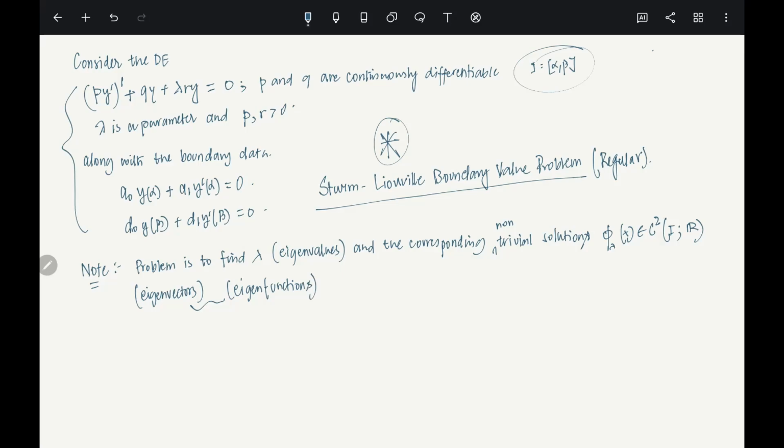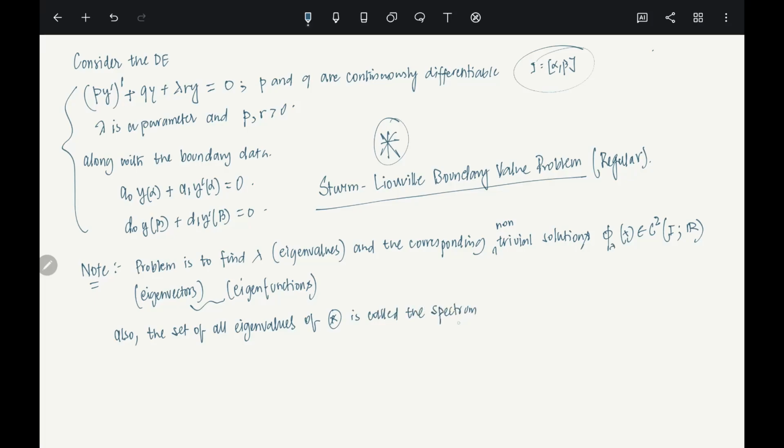Now, if you take the set of all eigenvalues together of a regular problem of star, that set is called the spectrum.